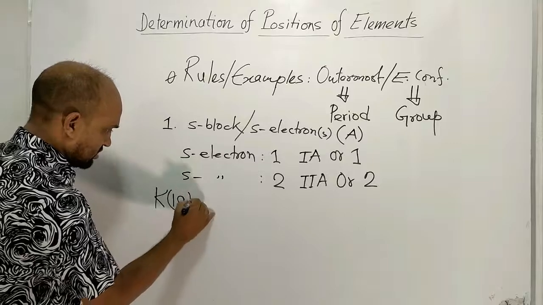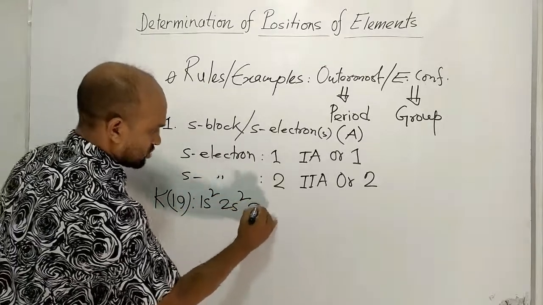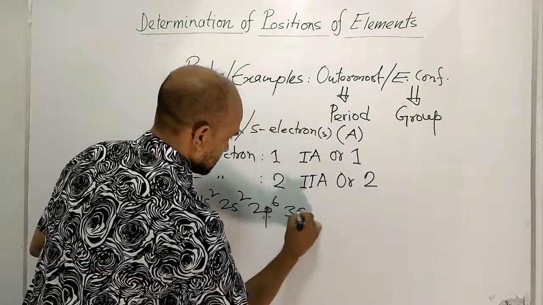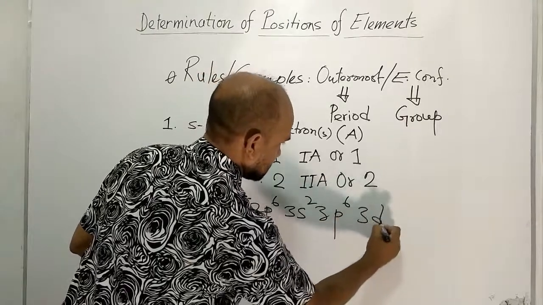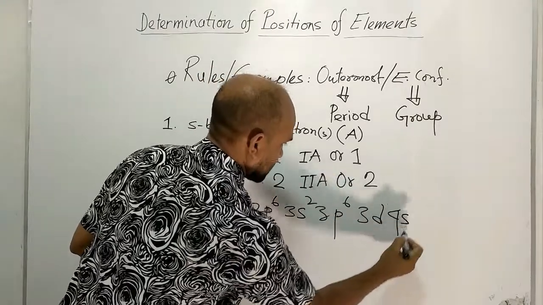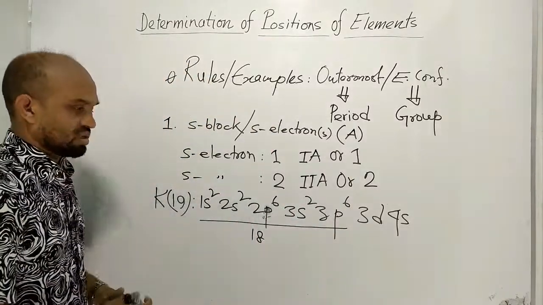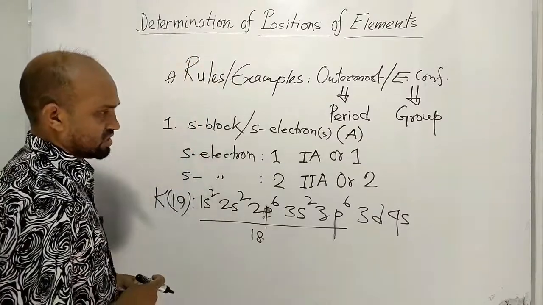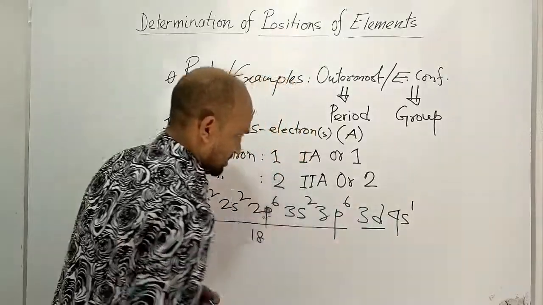Potassium 19: 1s2, 2s2, 2p6, 3s2, 3p6, 3d and 4s. Up to these 18 electrons are accommodated. One electron is left, which enters the s orbital instead of 3d.